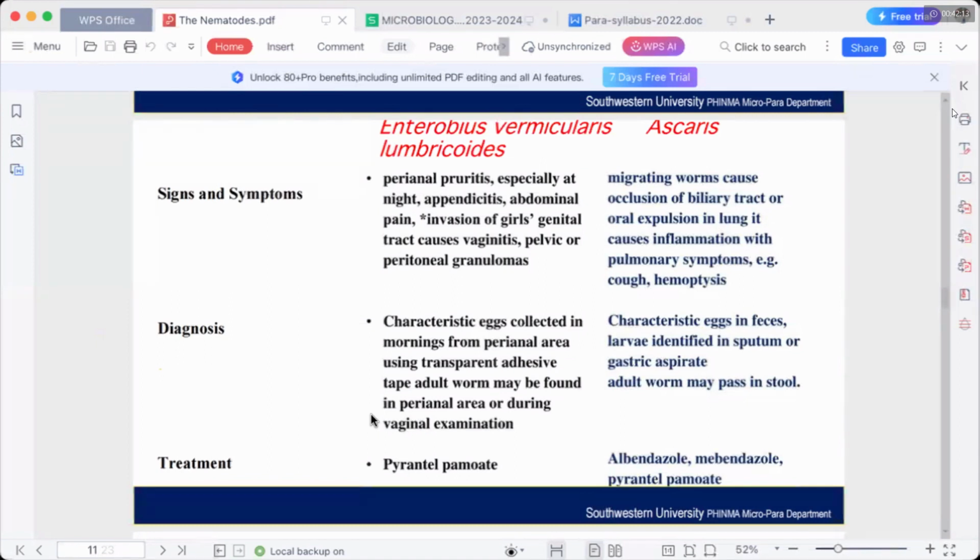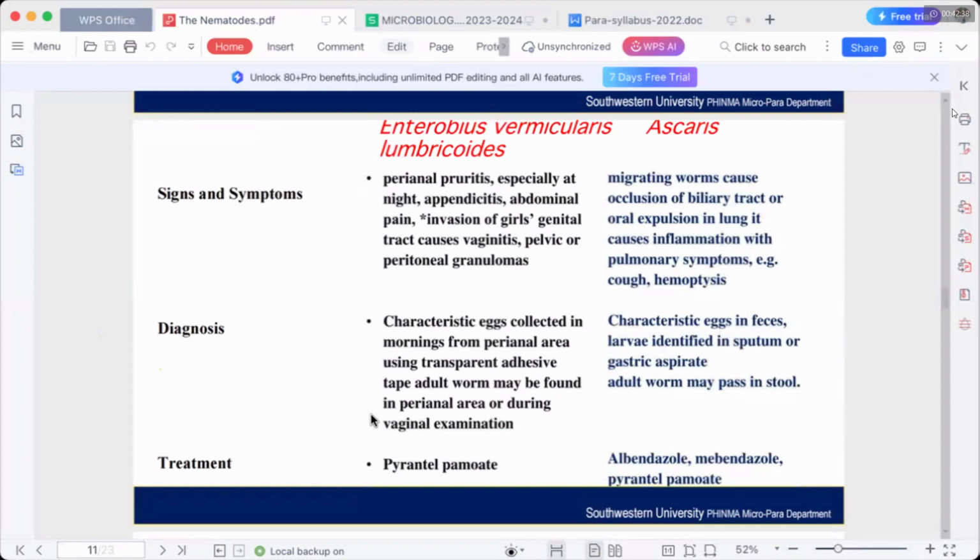Compared to ascaris, the signs and symptoms are different. With ascaris, sometimes they are just asymptomatic, but the common complaints are abdominal pain and a bloated abdomen.